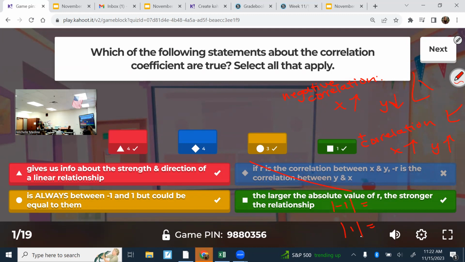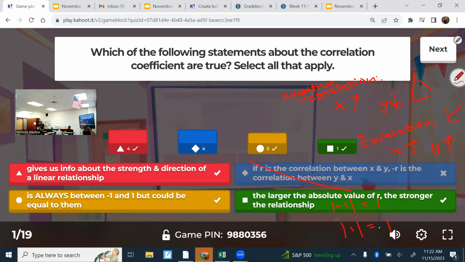Absolute value of -1 is what? 1. Because it's how far away is it from 0? -1 is 1 away from 0. What's the absolute value of 1? Also 1.